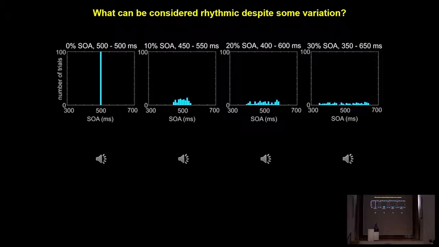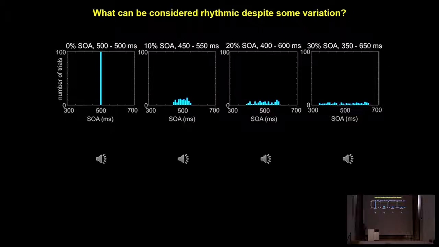So here are the stimulus onset asynchrony distributions that you just heard. One of them was completely regular. The second one was 10% stimulus onset asynchrony variation around the mean, meaning from 450 to 550 milliseconds, then 20%, and 30% stimulus onset asynchrony modulation. That's huge, the 30%.